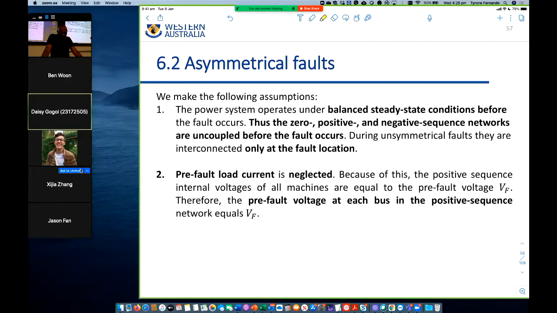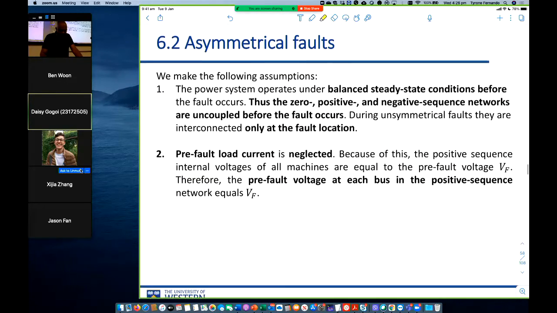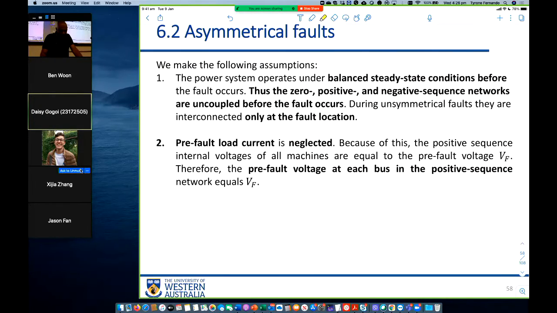Pre-fault load current is neglected in our calculations. Because of this, the positive sequence internal voltages of all the machines are equal to the pre-fault voltage, because we are going to assume that pre-fault load current is zero.